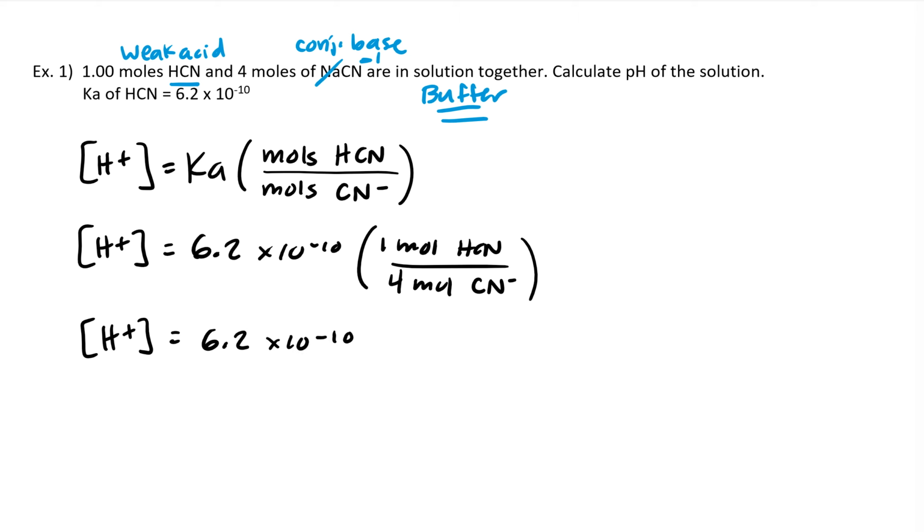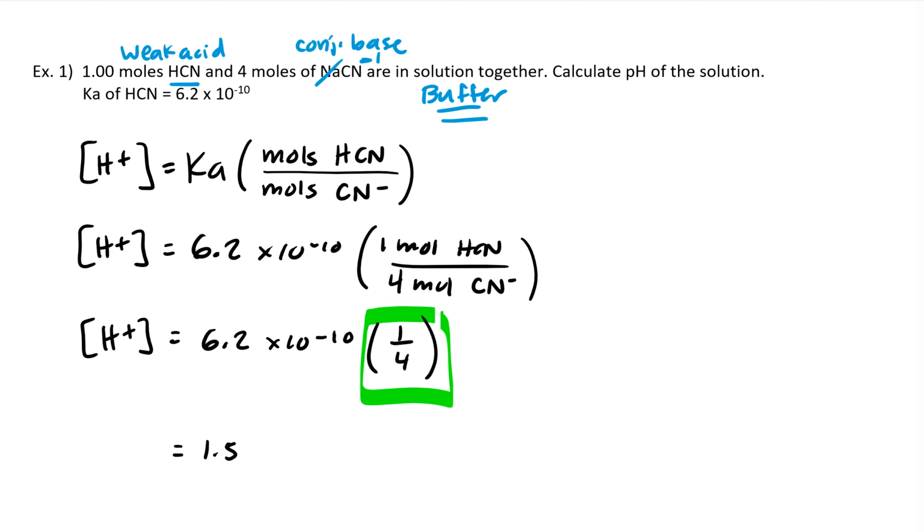So the concentration of H plus is equal to 6.2 times 10 to the negative 10. The mole ratio here is 1/4, or 0.25. And I want you to pay close attention to this. I'm going to come back to that mole ratio in another problem. But our mole ratio is the most important thing here. But I'm going to go ahead and calculate the molarity of H plus.